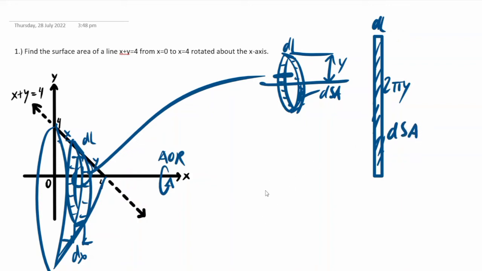Now to solve for this, once again, just like before, this is differential.